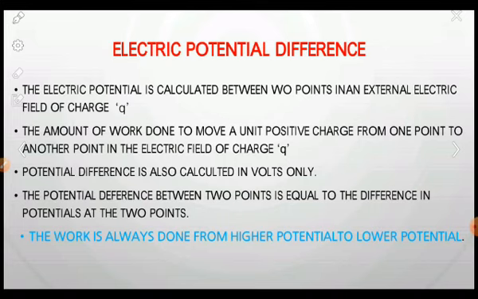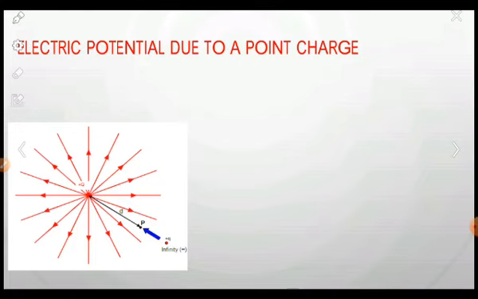Both are calculated in volts only. The only difference is potential is calculated at a certain point, at the given point. Potential difference is calculated between 2 points when the unit positive charge is moved from one point to another point.